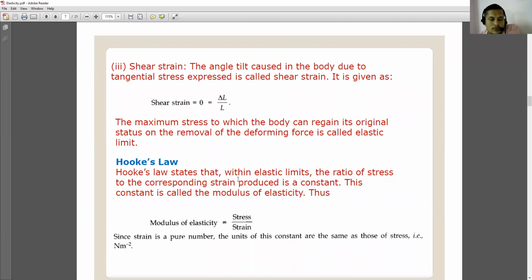Then Hooke's law, which states that within the elastic limit, the ratio of stress to the corresponding strain produced is a constant. Its unit is Newton per meter square.